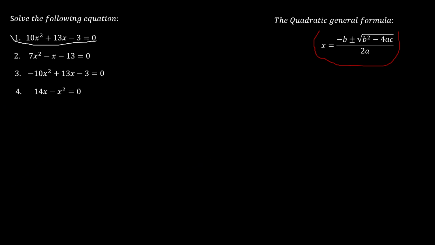So as we said, ax squared plus bx minus c is equal to 0.